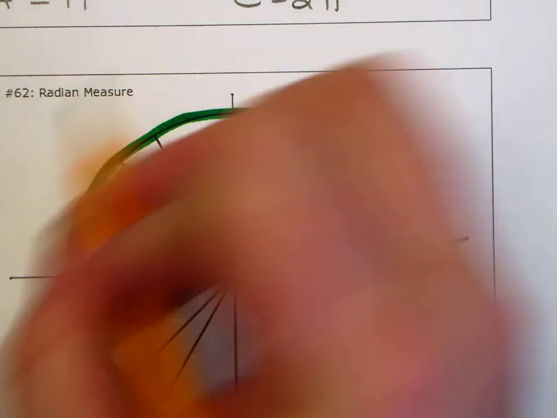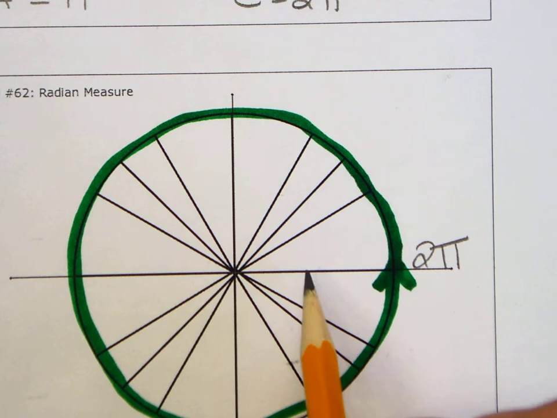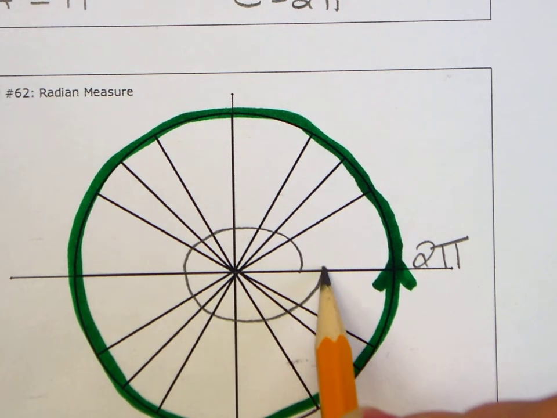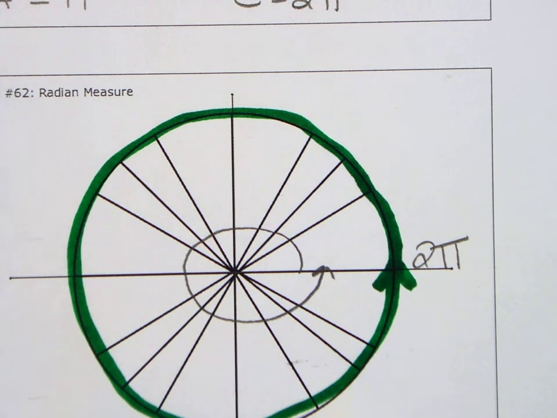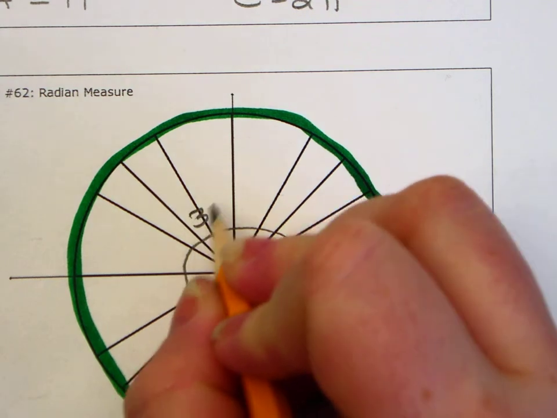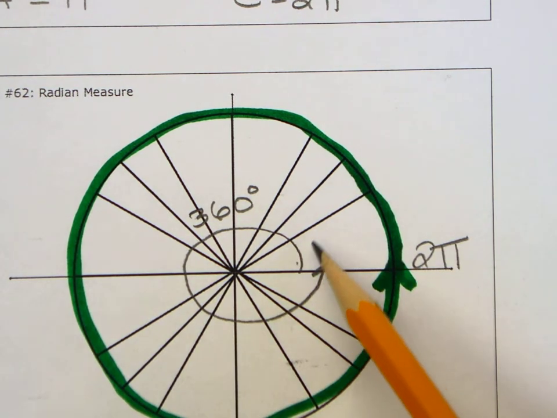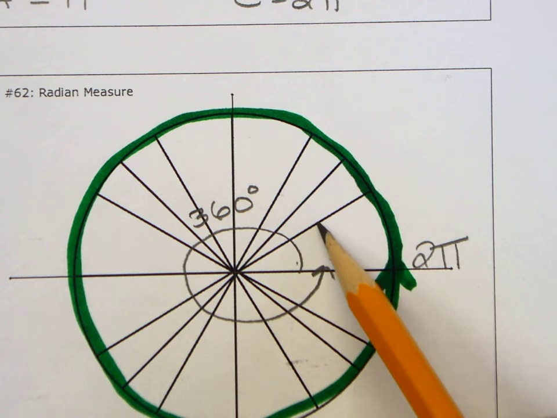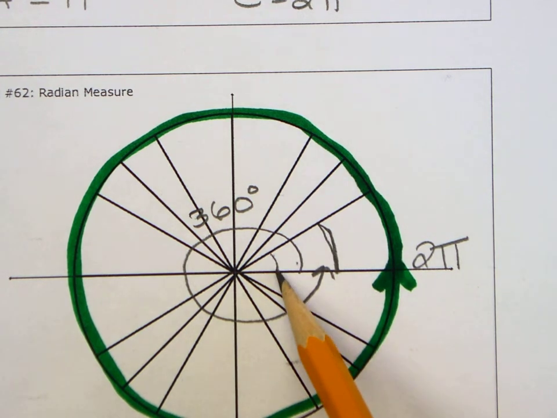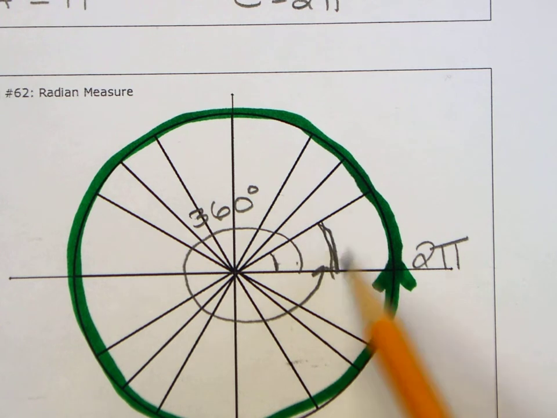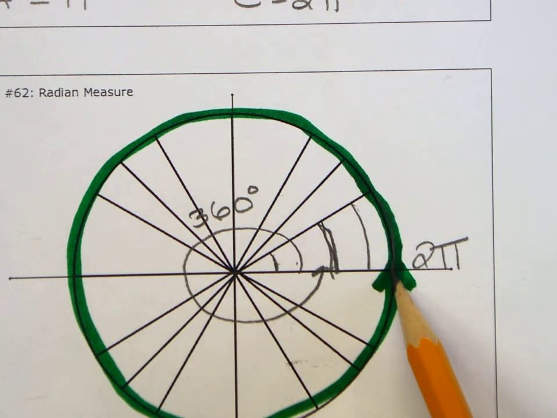If the circumference is all the way around, what else around do you know? What is this? That's your degrees. 360 degrees, right? Does it matter where you draw the degree, here versus here versus here?